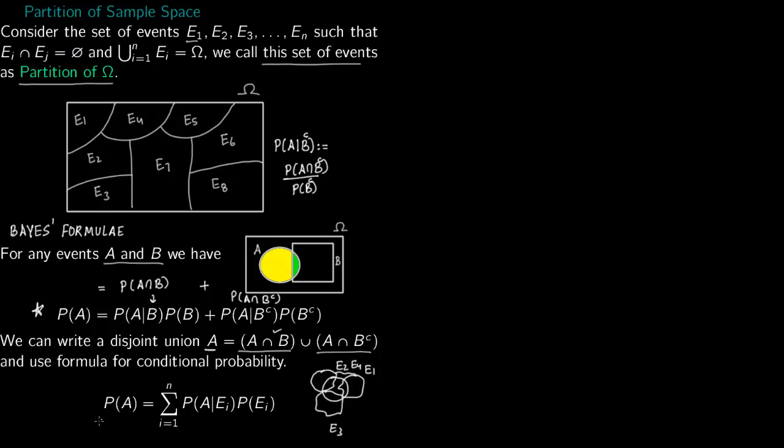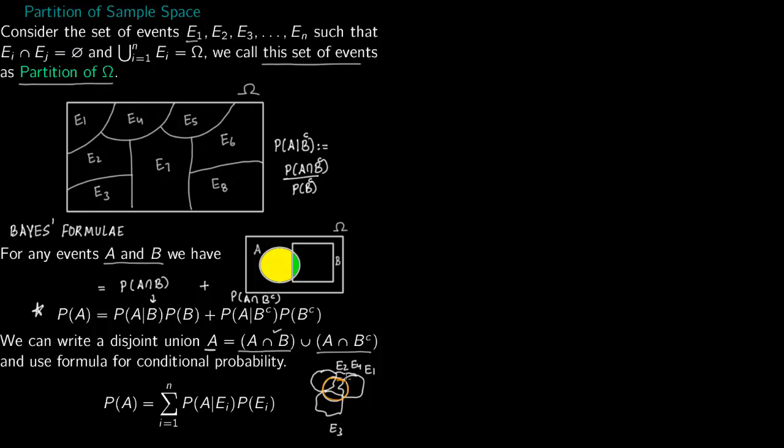In that case, you can write a more general formula: probability of A is the summation from i equals 1 to n of probability of A given the event Ei times probability of Ei. Just to recall, this was your set A, which you have covered with say 4 sets here: E1, E2, E3 and E4.